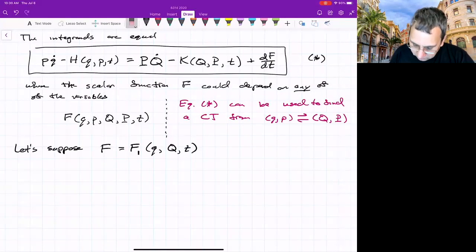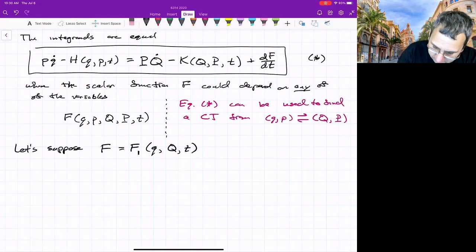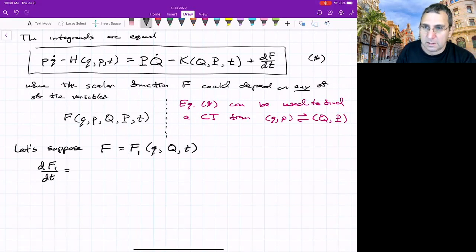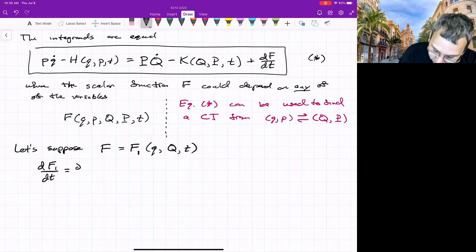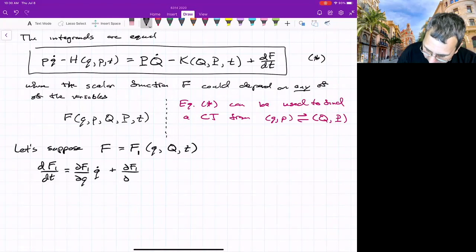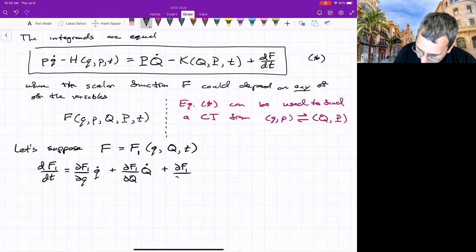And now let's take its total derivative. dF1/dt equals what? Now we use the chain rule. There's a lot of chain rule that's going to happen. Partial F1 partial q, dq/dt, which is just q dot, plus partial F1 partial big Q, Q dot, and then partial F1 partial t.